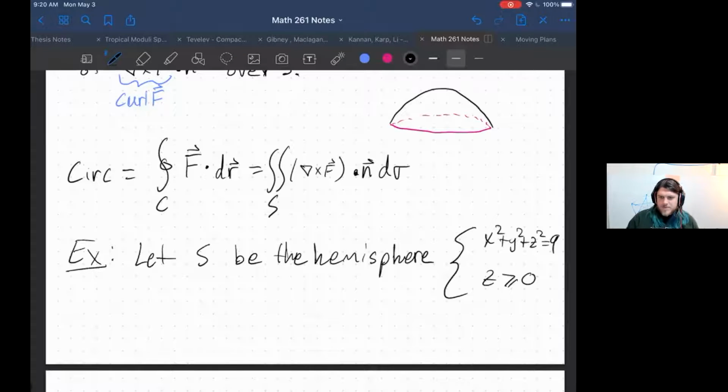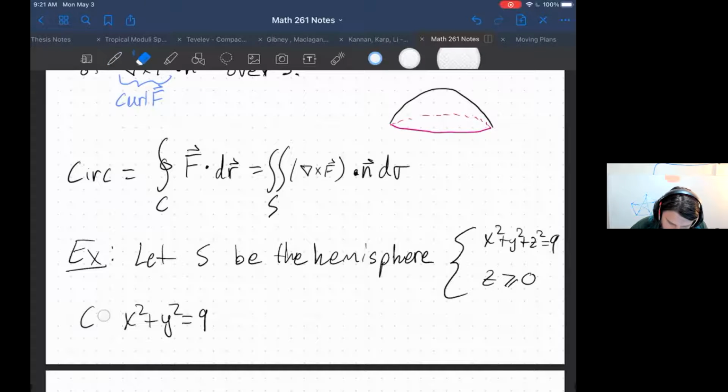So it's the upper hemisphere of radius 3 in this case. C is the boundary of S. So C should be where z equals 0 meets this hemisphere. Right, so C should be given by this circle in the XY plane.